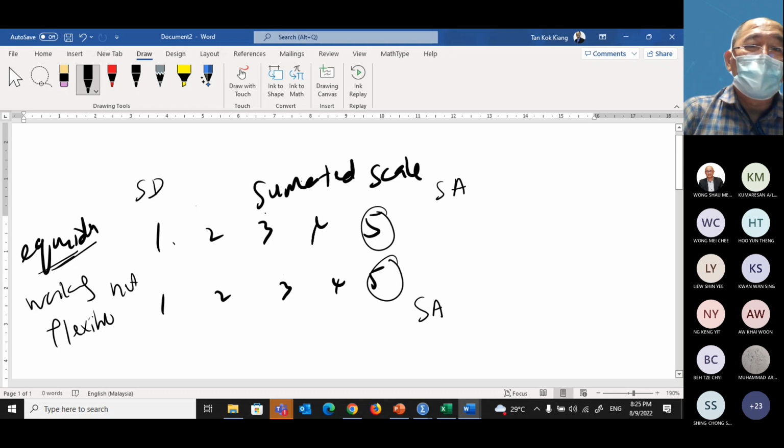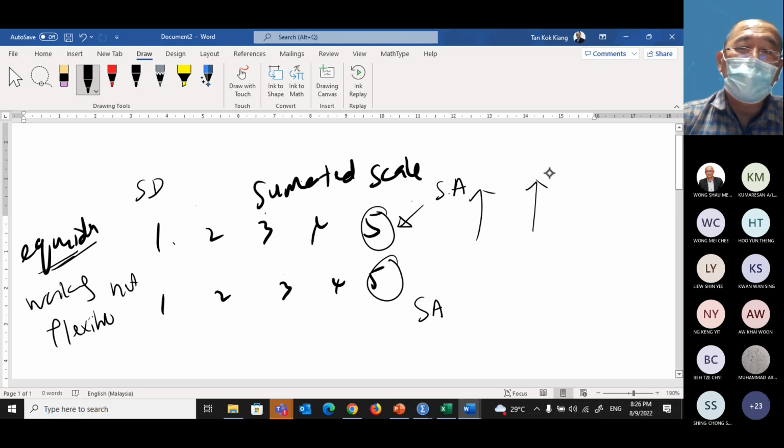Yes, it's correct. Strongly agree for equipment, because good equipment positively affects the satisfaction of the employee. But working hour not flexible is actually negative, affecting the satisfaction.